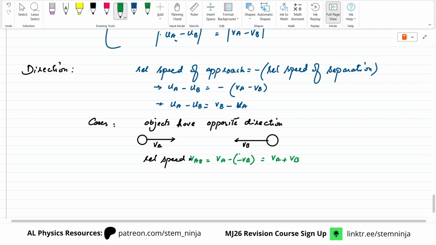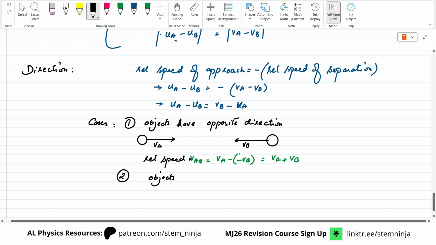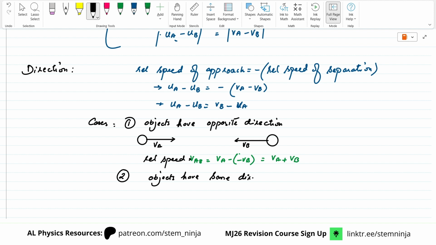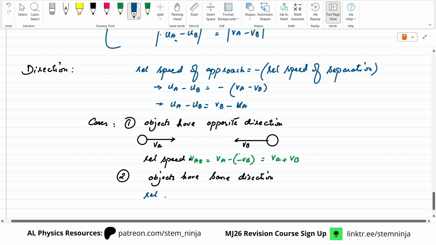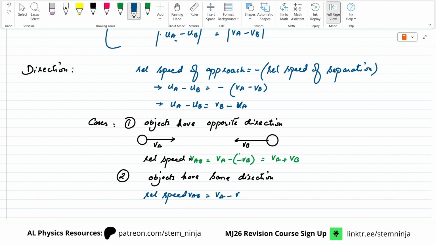But what if objects have the same direction? Now, these cases can be used for before or after either way. So relative speed VAB would be VA minus VB because both of them will be having the same direction.